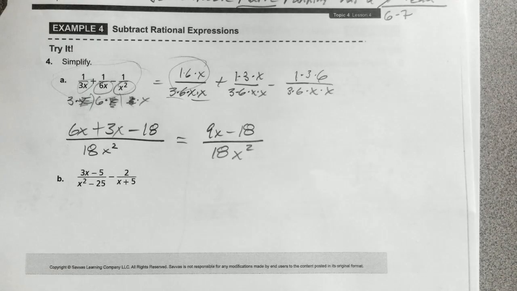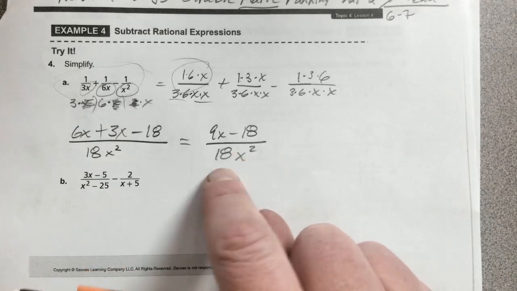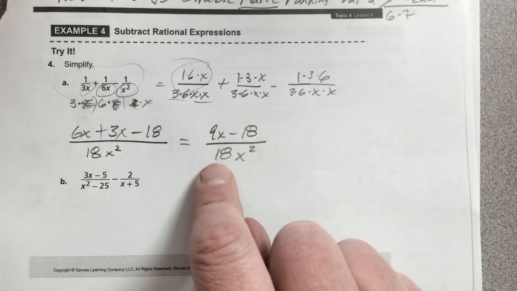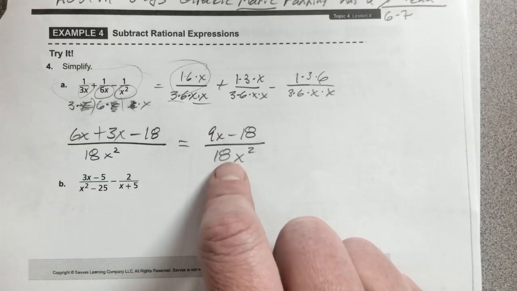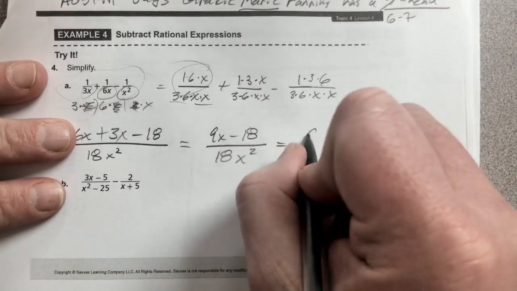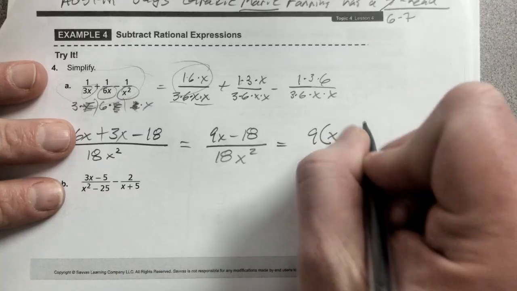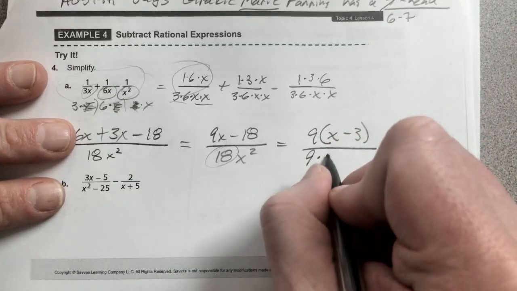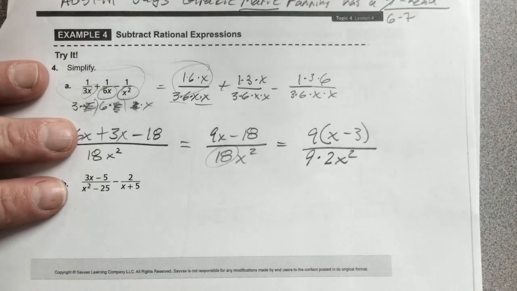And are we done? I can't cancel just one. I'd have to do the whole thing. Yeah, but all three are divisible by 9, right? And so what that would look like, if I factor a 9 out of this, I'd have 9 times x minus 3. And if I factor a 9 away from him, I would have 9 times 2x squared.